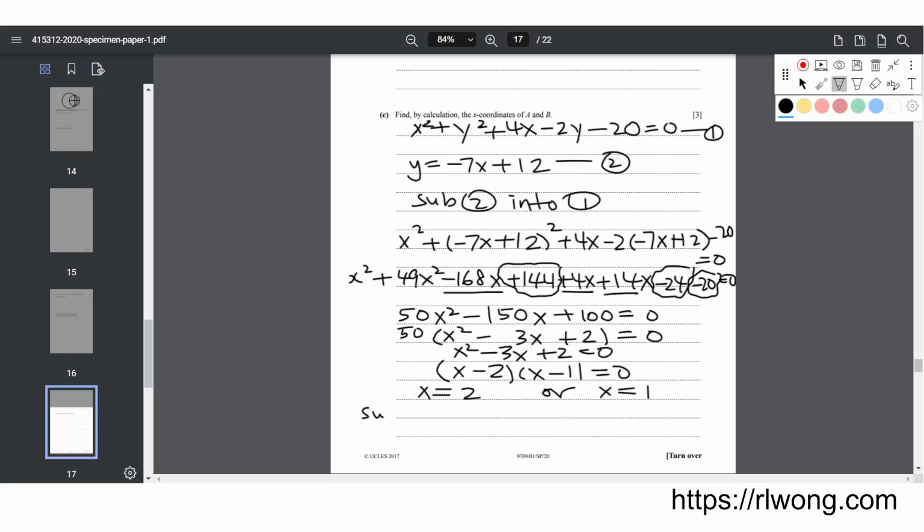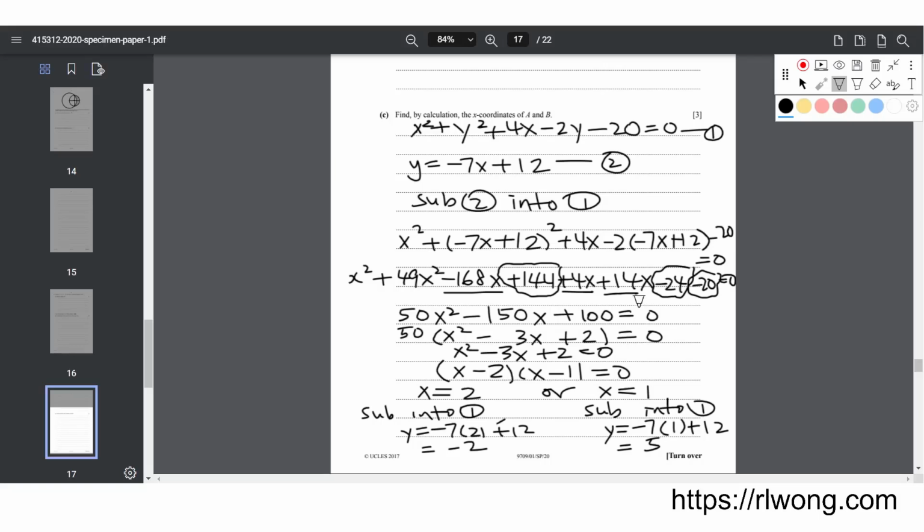Then I sub into equation 2. I get y equals minus 7 times 2 plus 12, so it's negative 2. Then sub x equals 1 into equation 2. I'll have y equals minus 7 times 1 plus 12, which will give me 5.